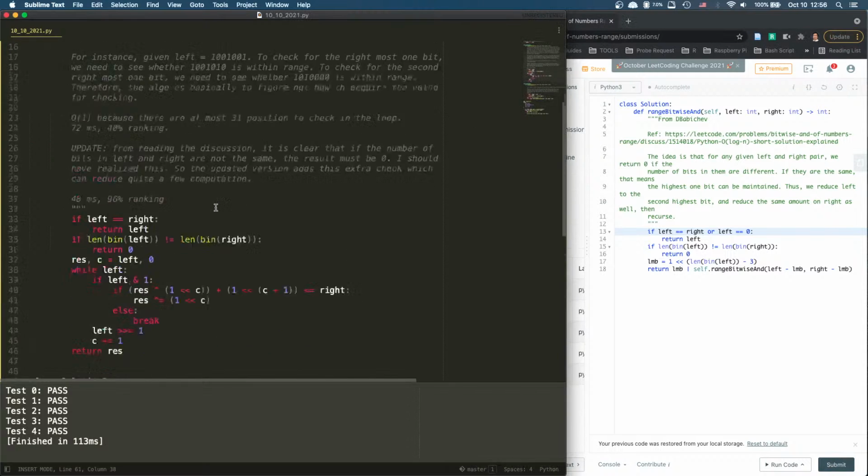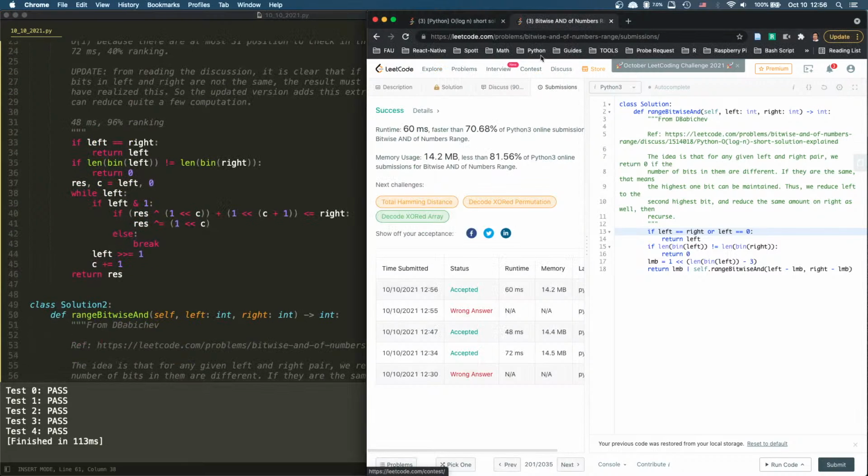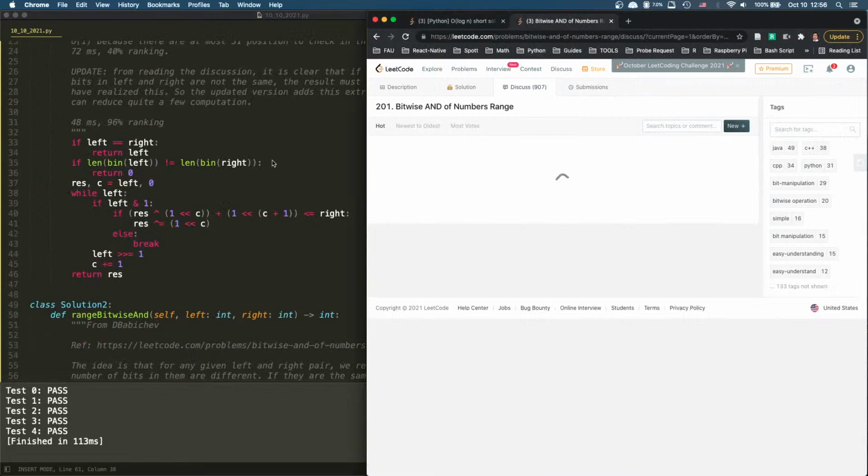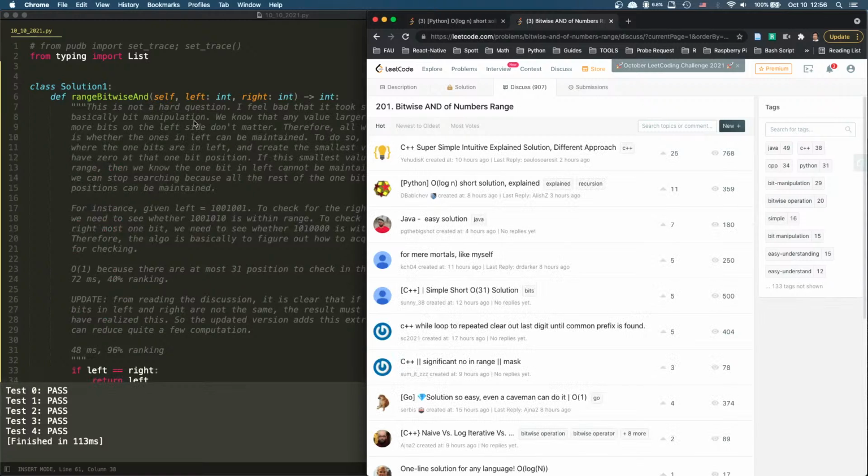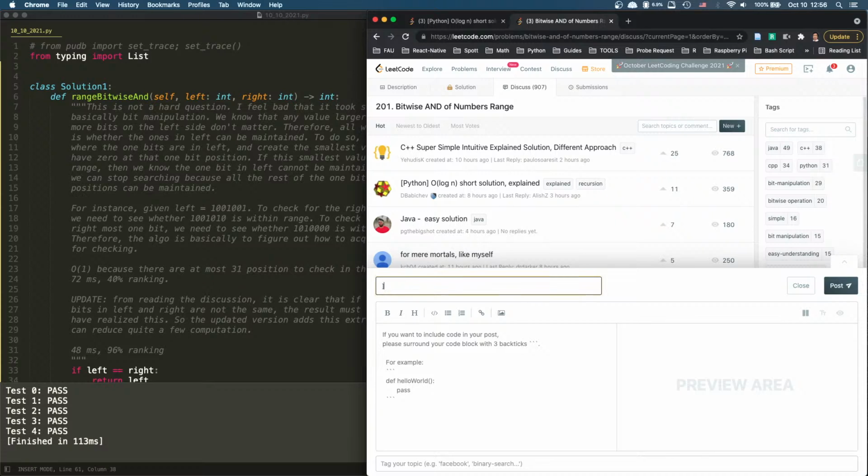Okay, so I think let me post mine. That definitely will make some change. So what do we call it? 3. Find the smallest value bigger than left that can make the 1 bit in left turn 0.